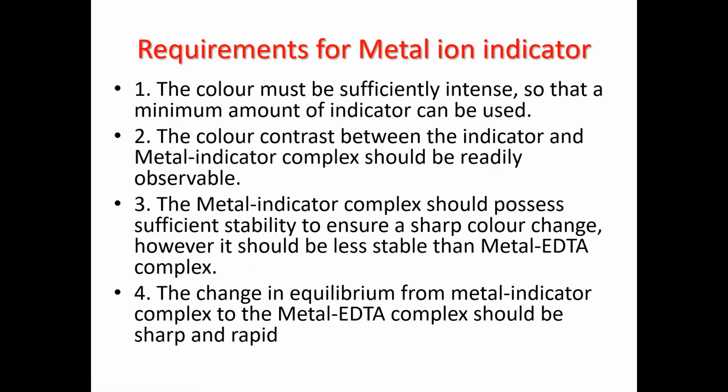Secondly, the color contrast between the indicator and the metal indicator complex should be observable. When your indicator is alone, and when it forms a complex with the metal, the color should be very, very distinct.